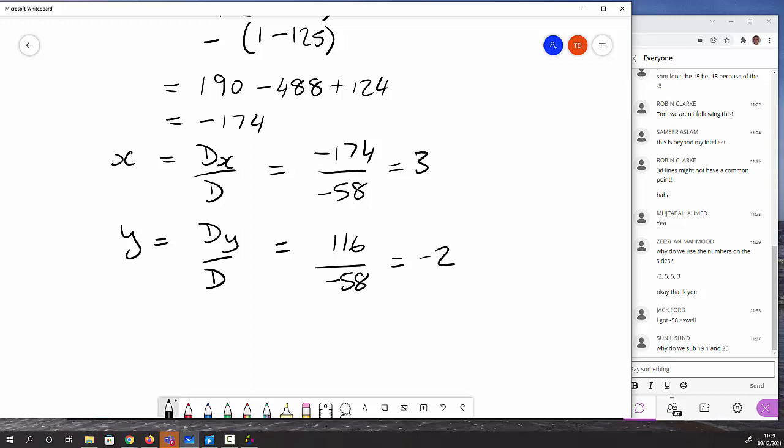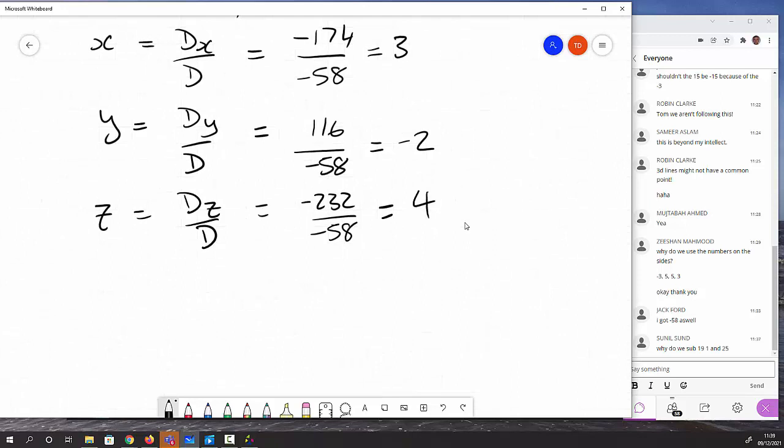And then we can say that z is equal to dz over d, which is, again you can check this yourself, minus 232 divided by minus 58, and that is equal to 4. Okay, so in summary we've got a point x, y, z, and that is equal to 3, minus 2, 4.